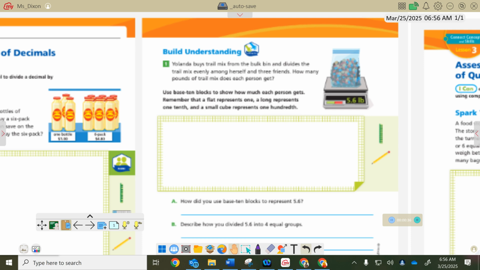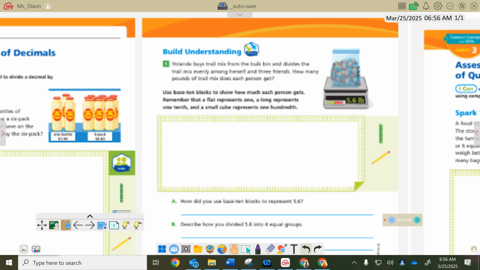Alright, we're going to start on number 1, build understanding. Make sure you are reading the problem with me in your textbooks as I read it aloud. Yolanda buys trail mix from the bulk bin and divides the trail mix evenly among herself and 3 friends.